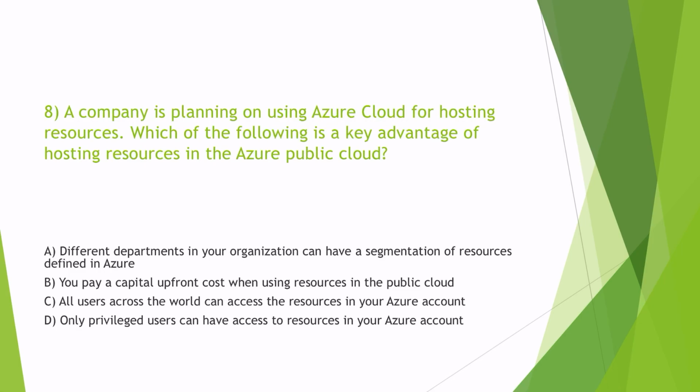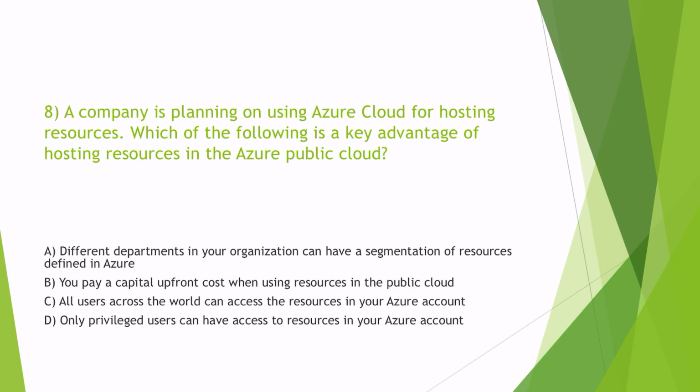Question number 8, a company is planning on using the Azure cloud for hosting resources. Which of the following is a key advantage of hosting resources in the Azure public cloud? Option A, different departments in your organization can have a segmentation of resources defined in Azure. Option B, you pay a capital upfront cost when using resources in the public cloud.